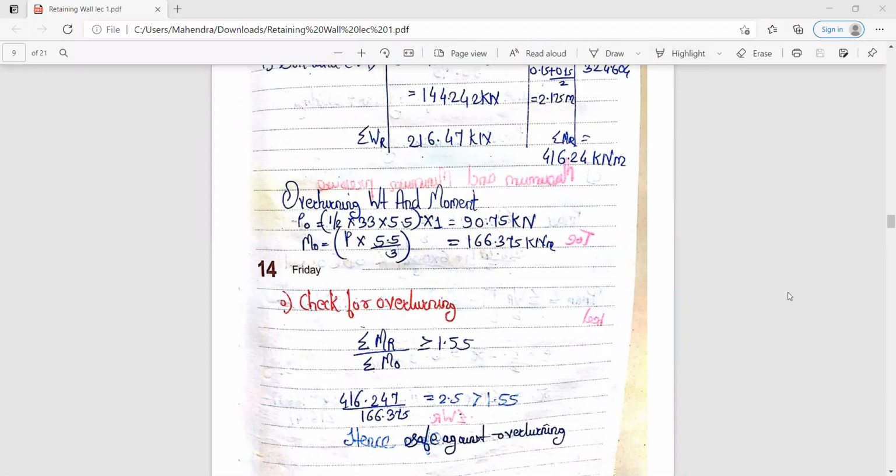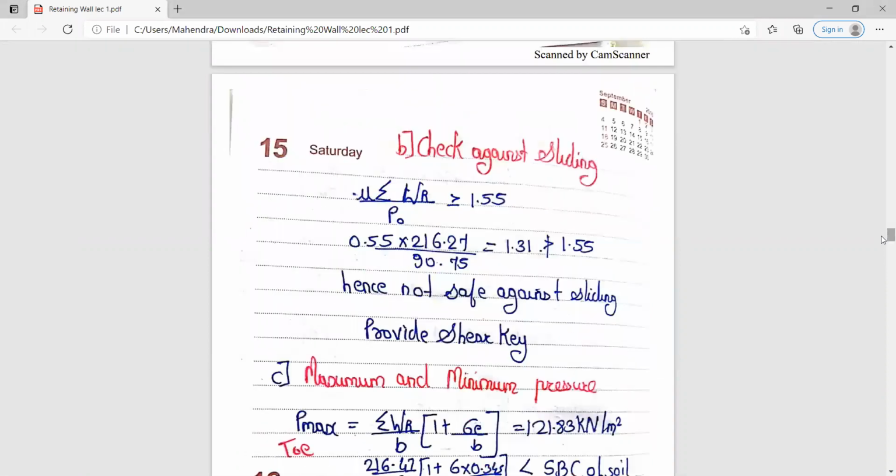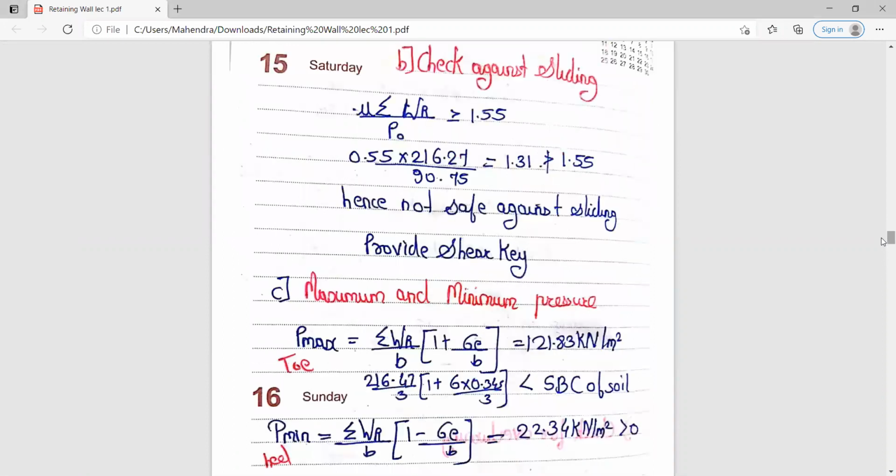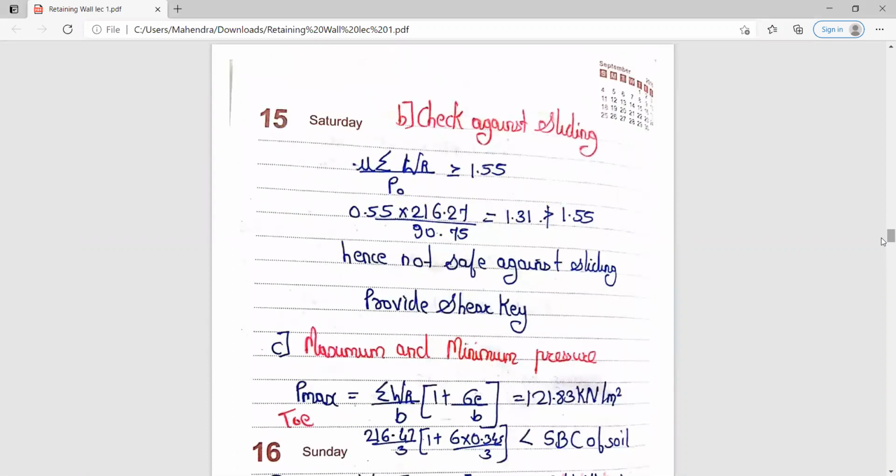Okay. Then you need to do the check for the sliding. So for doing the check for the sliding, you have the formula, that is mu into summation of W upon pressure should be greater than 1.55.